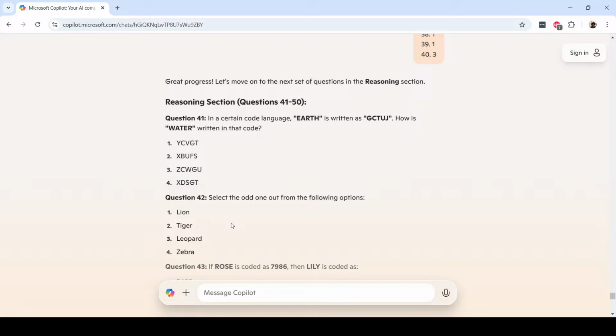So in a certain code language, earth is written as this. How is water written in that code language? Okay, so earth. So the last letter is plus 2. T is U means plus 1. R is T, so plus 2.